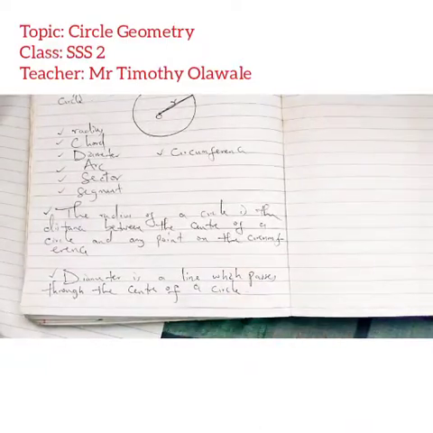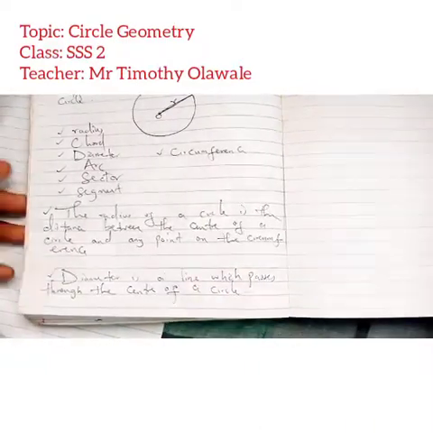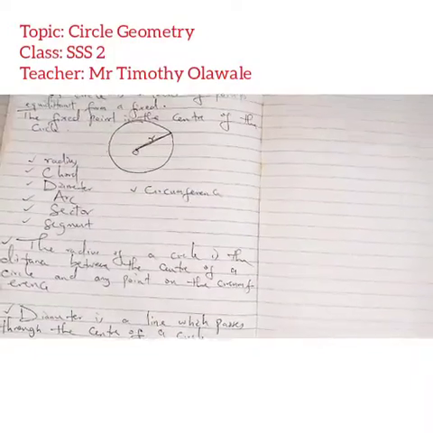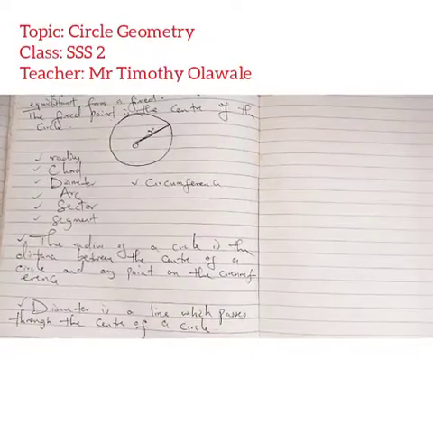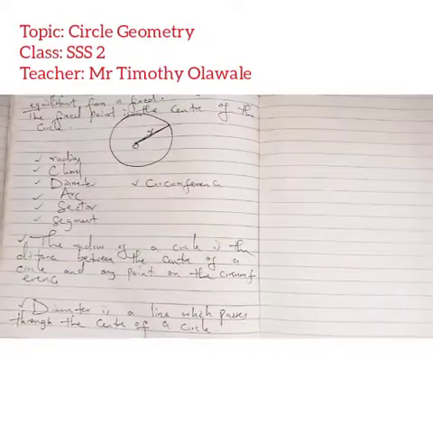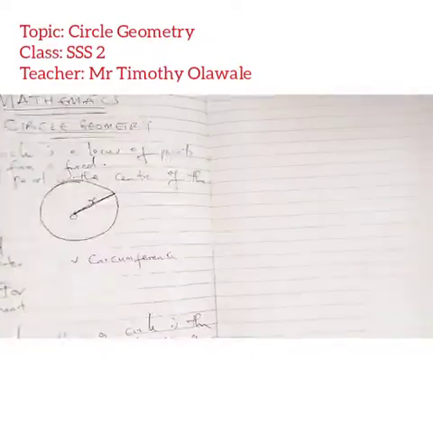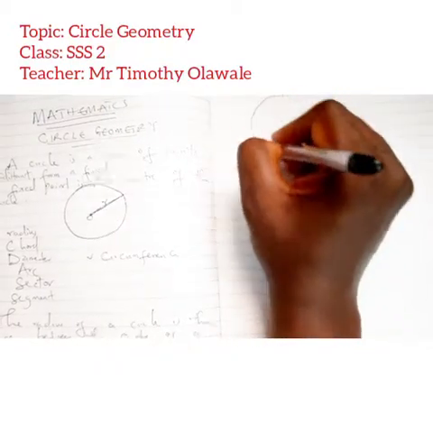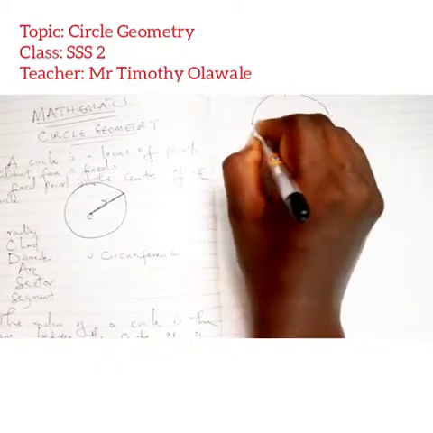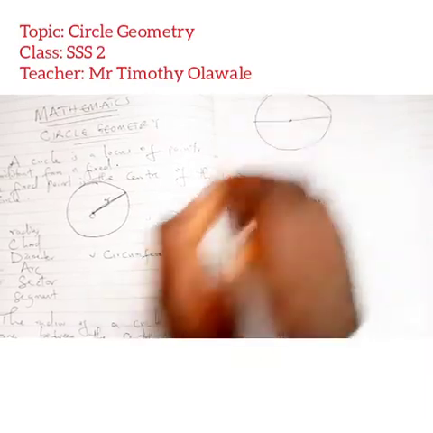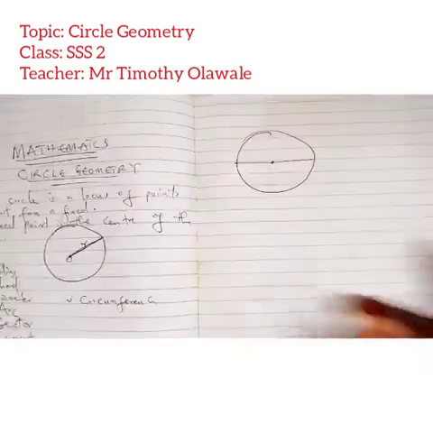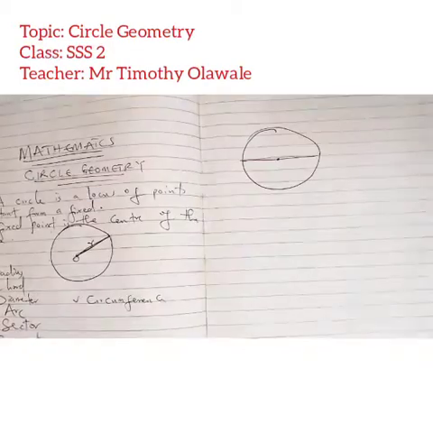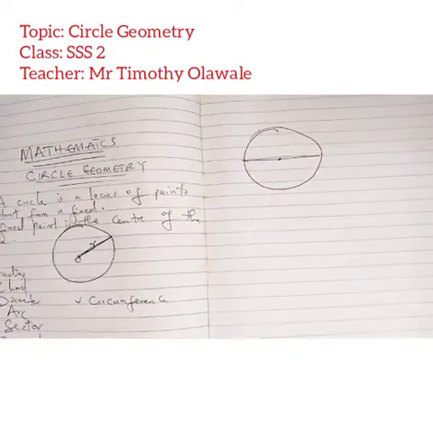That line divides the circle into 2 equal halves. Did you see that? I want you to get that. The diameter is a line which passes through the center of a circle. Something like this. Let's assume this is the diameter of the circle. Sorry, my circle doesn't look perfect. So this is the diameter. It passes through the center of the circle and it divides the circle into 2 equal halves.